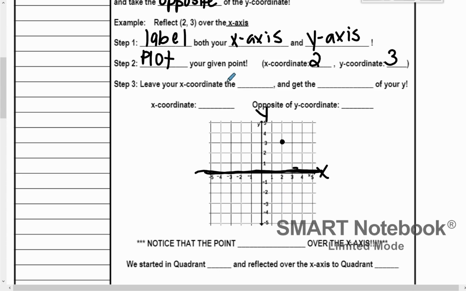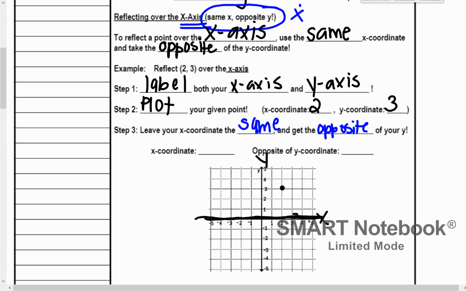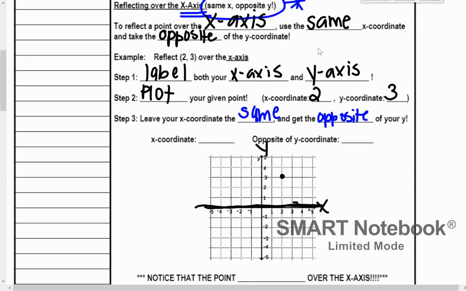We leave our x-coordinate the same, so our x-coordinate is 2, that stays the same. I'm going to use a different color for this so we can see our reflection. And then get the opposite of your y, since that is our rule, the one we circled up here. That's our rule for the x-axis.